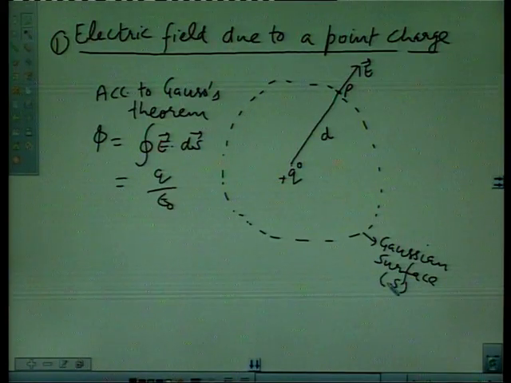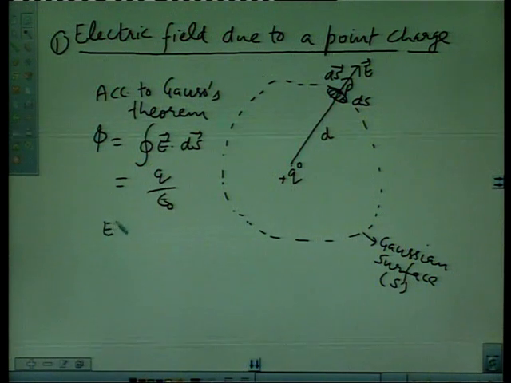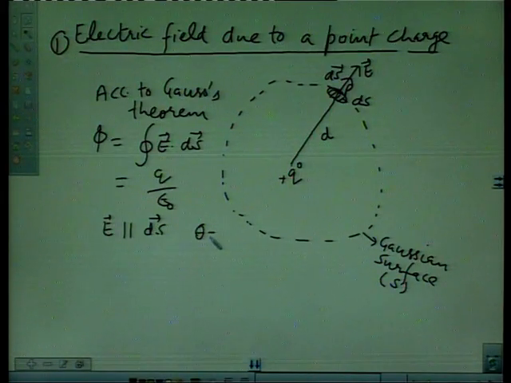S, its surface area is S. Let us take a very small surface area ds, which includes the point P. The direction of ds vector will also be along the direction of d. So, E vector is parallel to ds vector, and the angle between E and ds is 0 degree, theta is 0 degree.